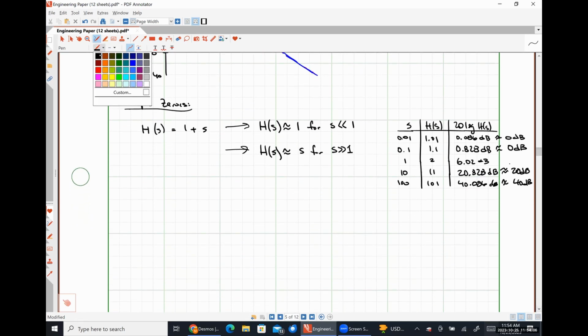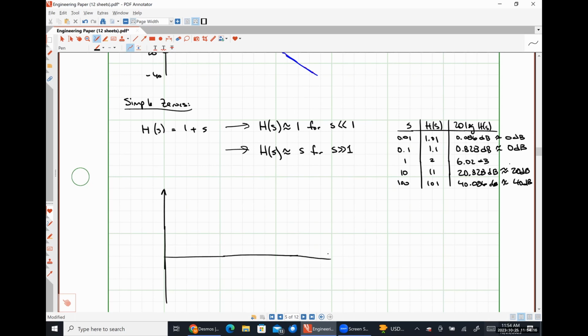Putting these together, we would have the following curves.